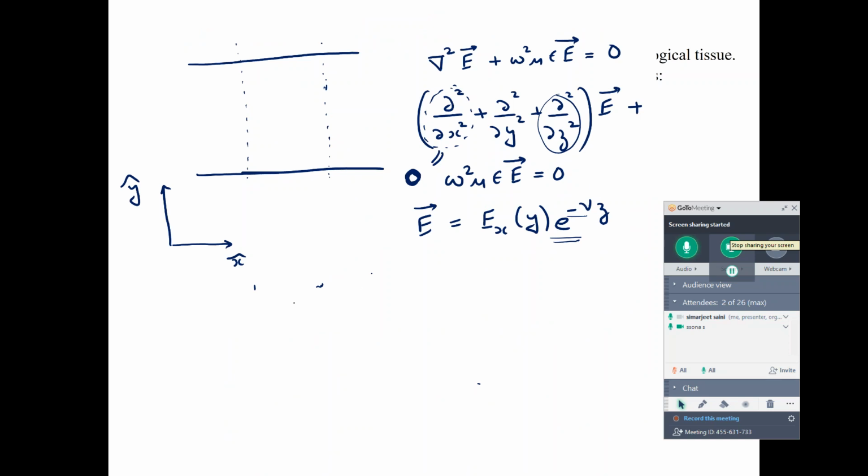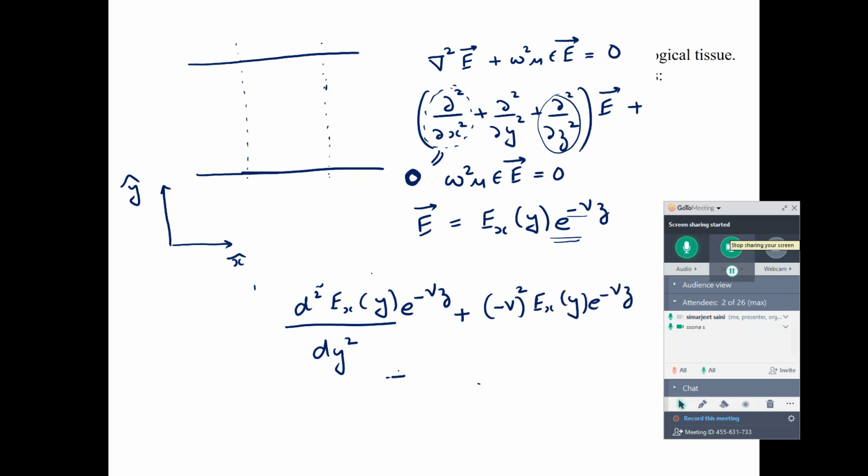So that term then becomes d square E_x(y) by dy square e to the minus gamma z, plus minus gamma square E_x(y) e to the minus gamma z, plus omega square mu epsilon E_x(y) e to the minus gamma z is equal to 0.